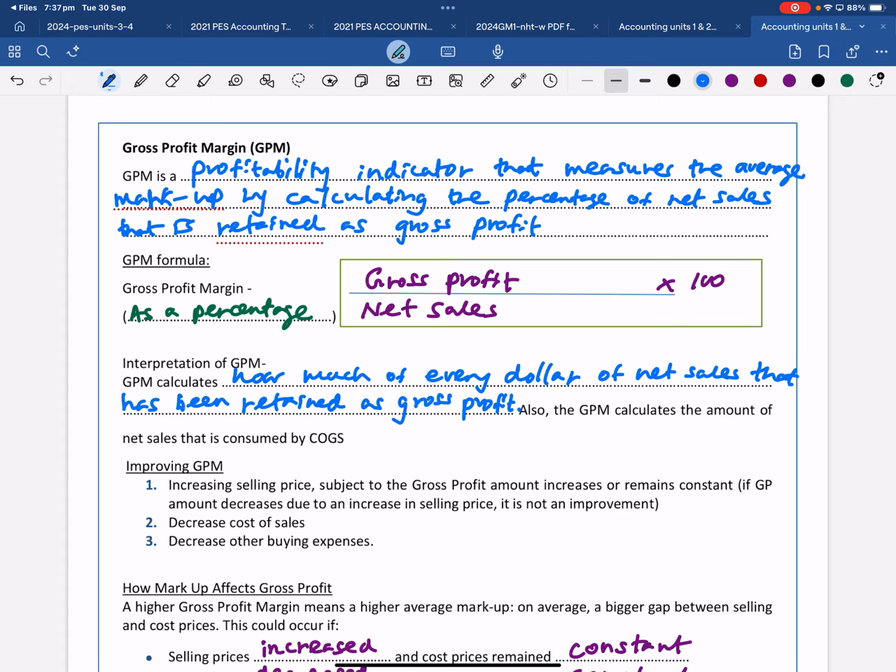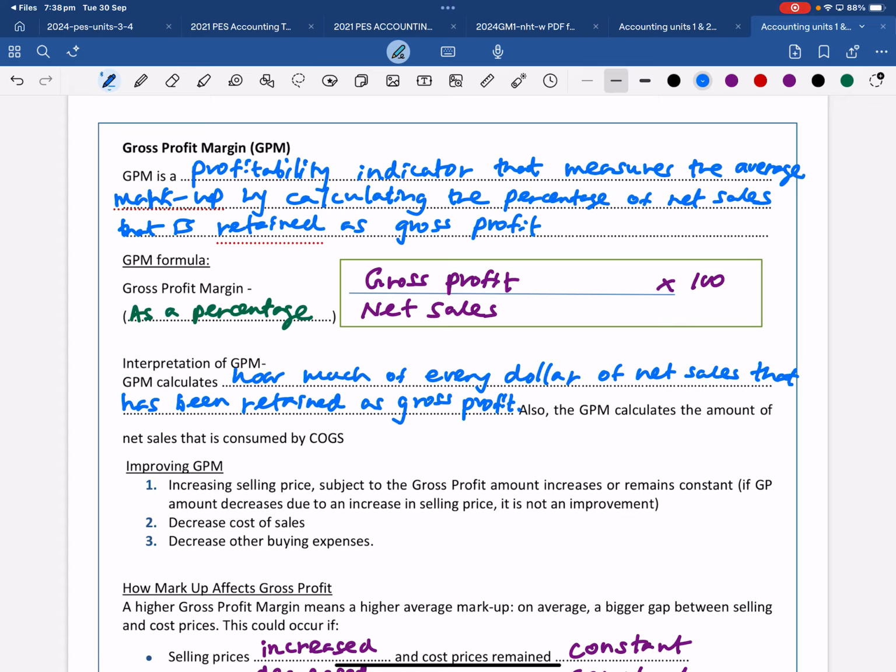No. How do we calculate the markup percentage? We compare the gross profit with the cost of sales, or cost of goods sold. That's how we calculate the markup. We compare the profit with the COGS, the cost simply.